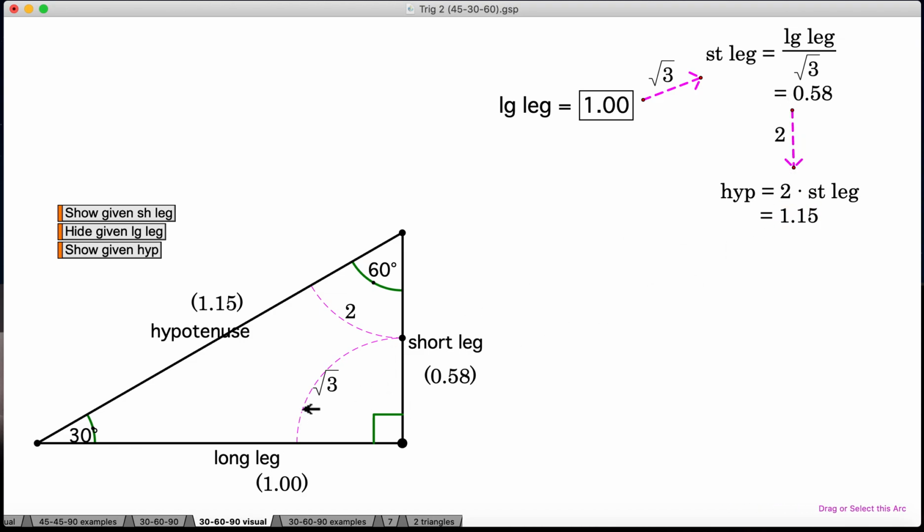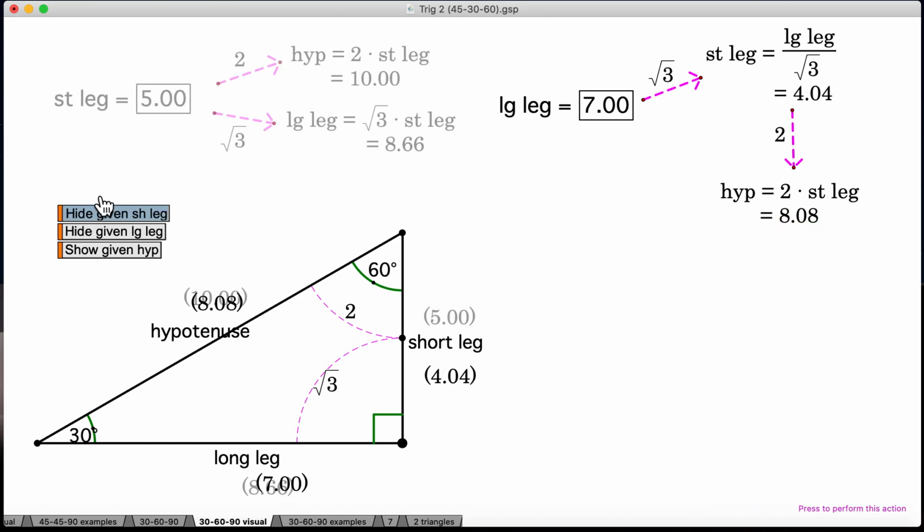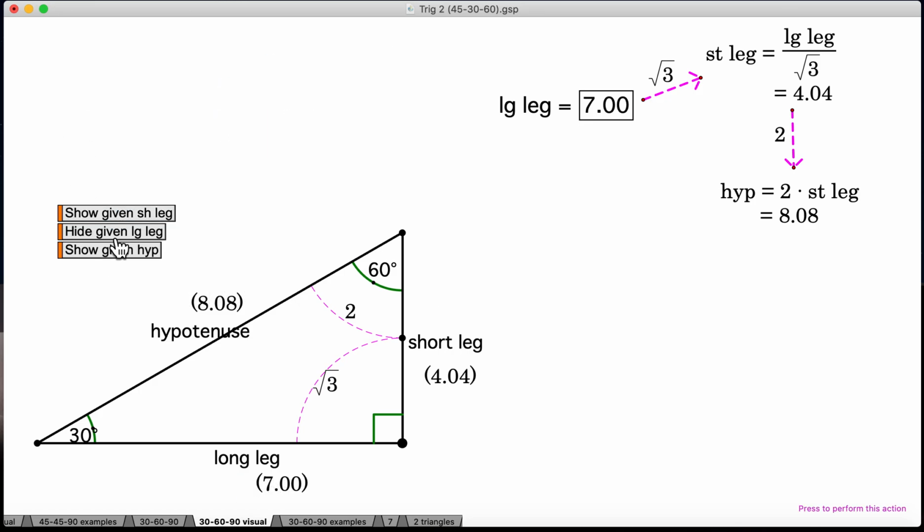So I'd go from here, divide by root 3, multiply by 2. Okay, so let's make this number say 7. If the long leg is 7, to go to the short leg, I divide it by root 3, and I get about 4.04. And then I multiply this by 2 to get to the hypotenuse, which is about 8.08.